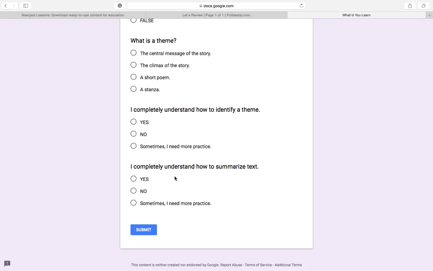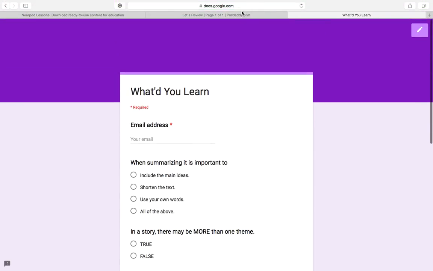For example, if all students were understanding a theme, then I wouldn't go over it in depth the next day. I would go over it, but I wouldn't spend 20 minutes on it. And same thing for summarization. So this would help me to create more targeted lesson plans.